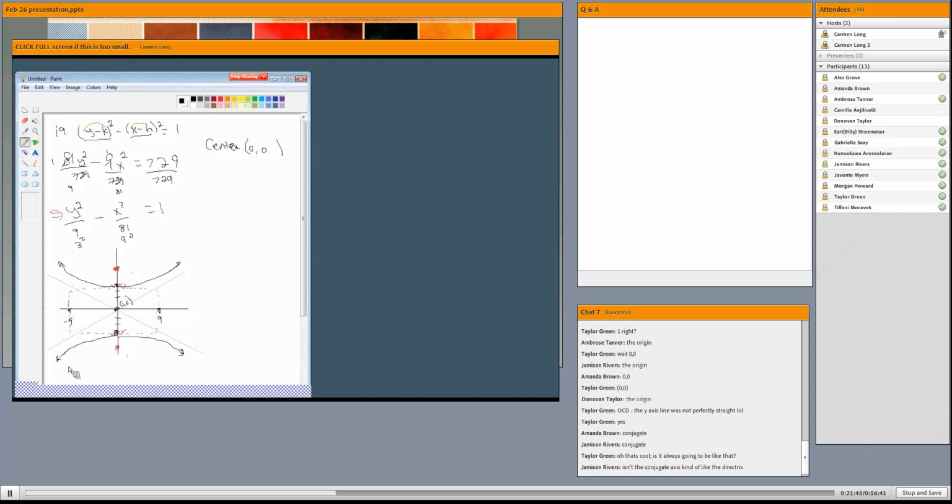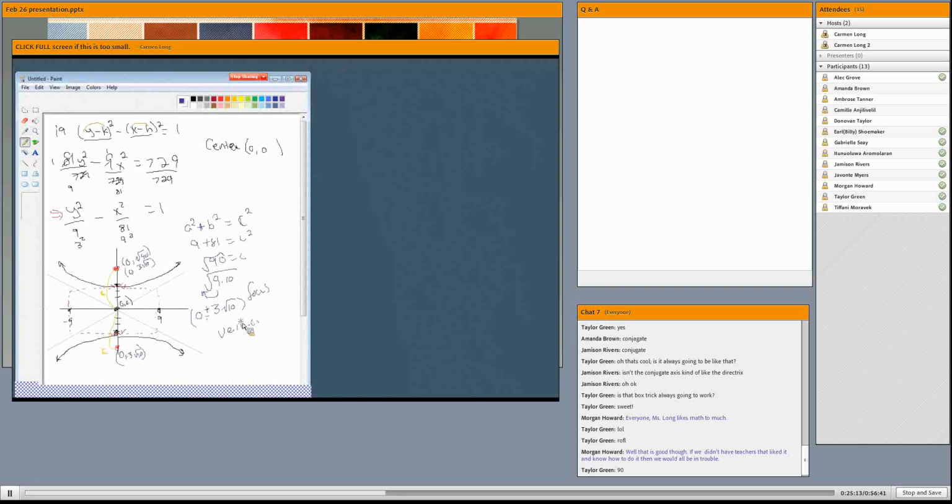And 0, 3 square roots of 10. And simplifying those a little bit. All right, so the problem was graph and find the focus points and the vertices. So we can just look at the picture and see that it is 0, 3, and 0, -3. And there's our vertex.